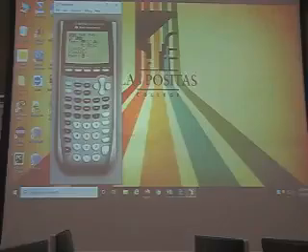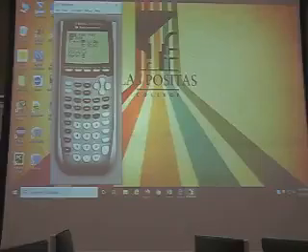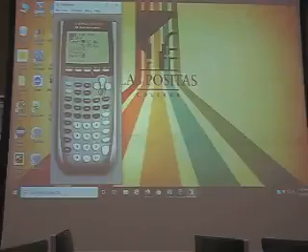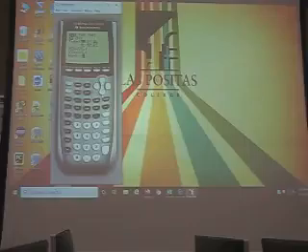Then the type should be the first one, the little scatter plot. Then list 1, list 2, and a circle is good, or you can use the plus sign. The little dots are hard to see, so I wouldn't use that one.